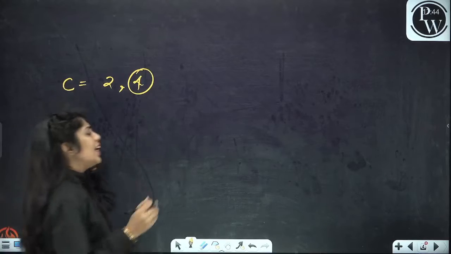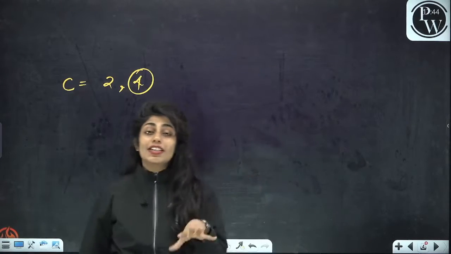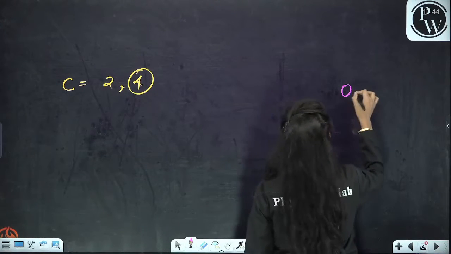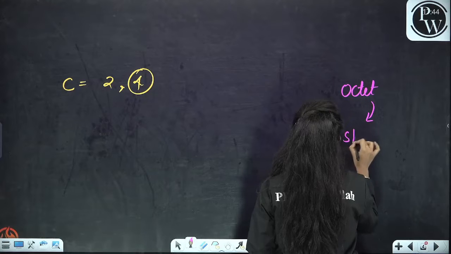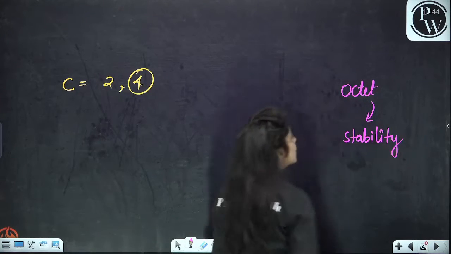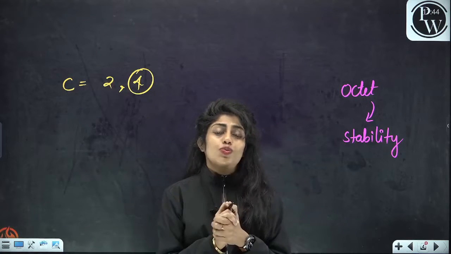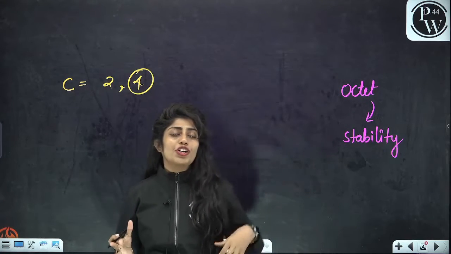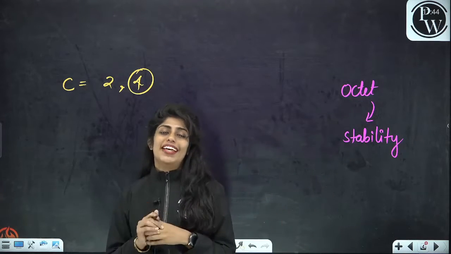Basically every element is made up of atoms. They tend to complete their octet. Why octet? In order to gain stability. Now, there is one more concept that every atom tends to get the electronic configuration equal to the nearest noble gas.